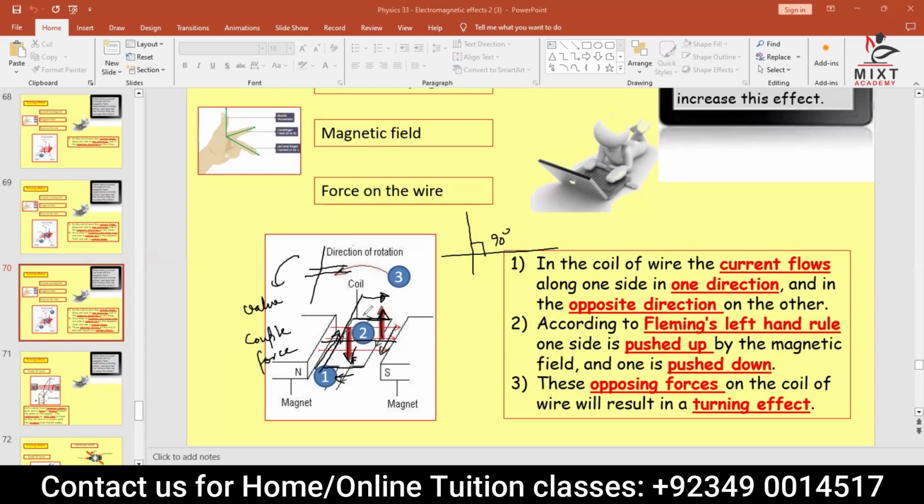Sides which are parallel to the direction of the magnetic field will not contribute in any sort of movement, called the torque or the motor effect. So for motor effect, it is necessary that the side in which the current is flowing must be at 90 degrees from the direction of the magnetic field.